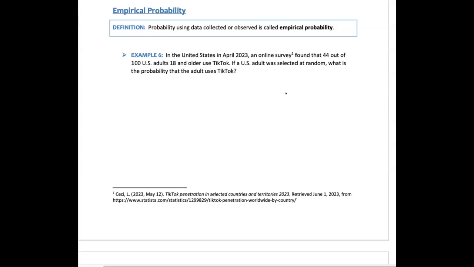Example 6. In the United States in April 2023, an online survey found that 44 out of 100 U.S. adults use TikTok. If a U.S. adult was selected at random, what is the probability that the adult uses TikTok?